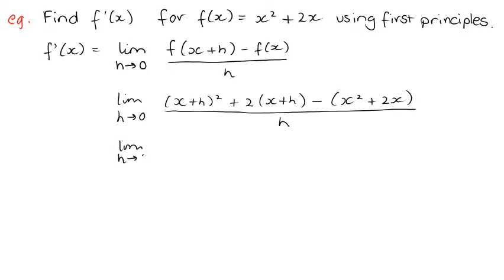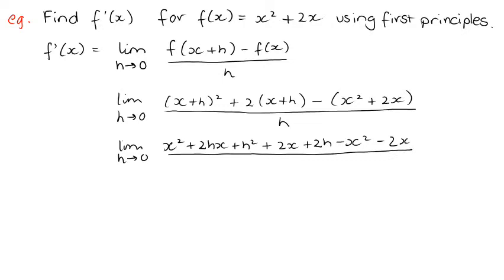Limit as h approaches 0. So we get x squared plus 2hx plus h squared. So that's the first term. We get 2x plus 2h. We get minus x squared minus 2x, all over h. Just be very careful when you expand out your brackets.